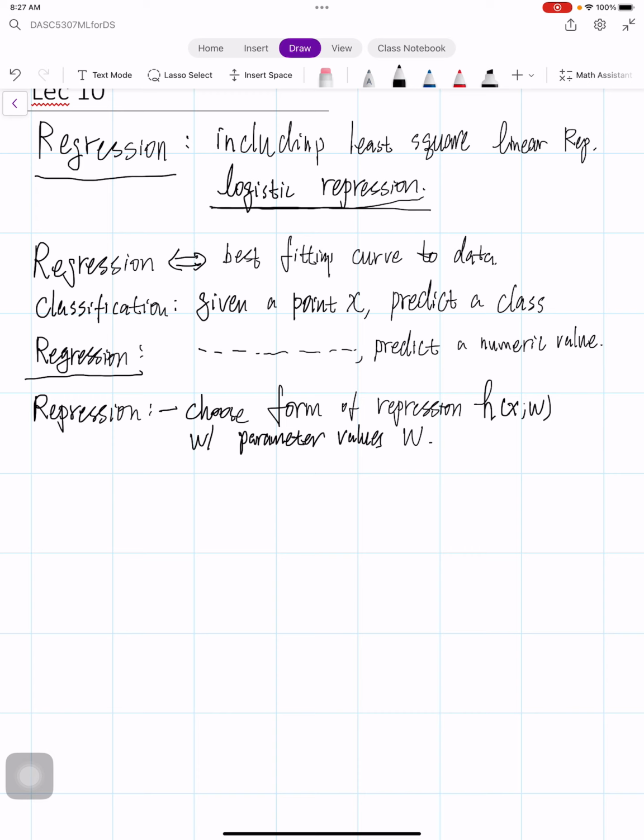Once you decide the function form, the second step is you find a cost function, because we want the model to learn these parameters from the data, so we need to choose some cost function to optimize.